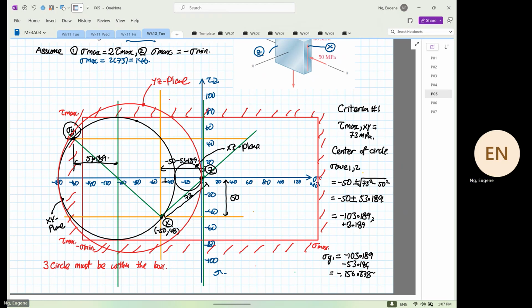Structure will fail. Sorry, as long as any part of the circle is outside the box, the material will yield or will what? Will fail. We fail. Okay.